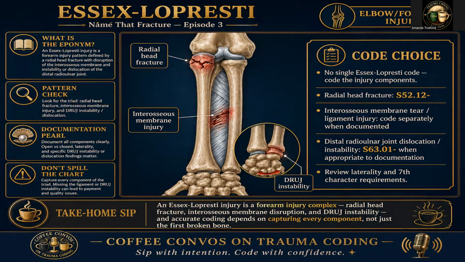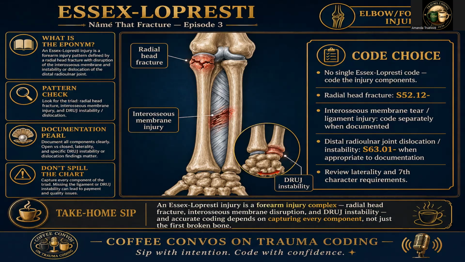Because coders, trauma coding professionals, commonly miss the biggest miss, I would say, is treating your Essex-Lopresti like a simple radial head fracture. Another would be not reviewing the wrist or forearm when the elbow injury is documented, because this pattern is bigger than just the fracture seen at that elbow.